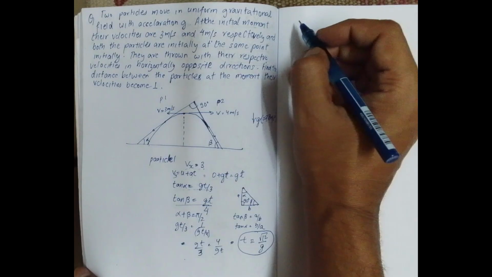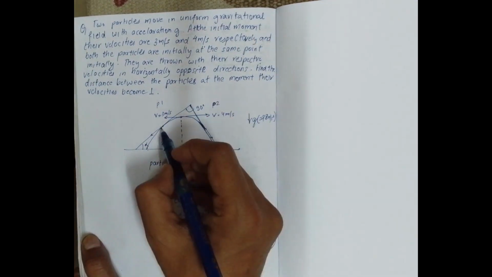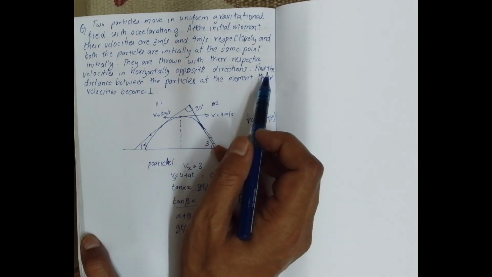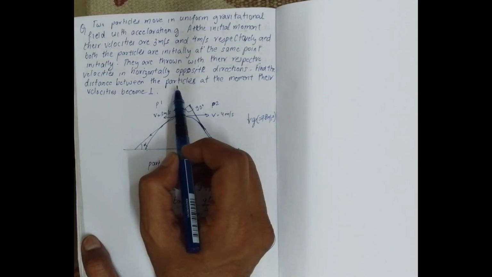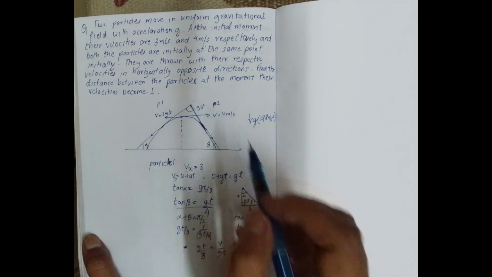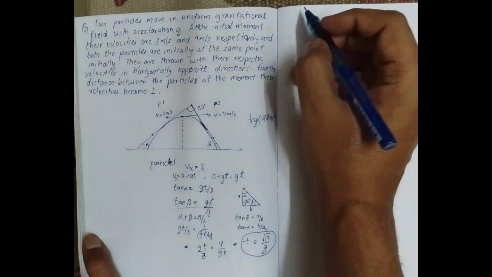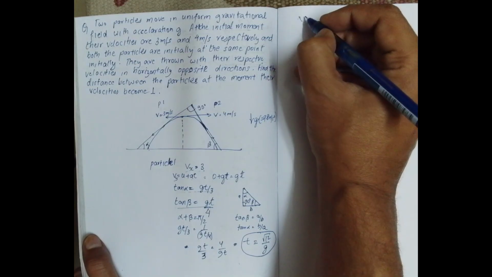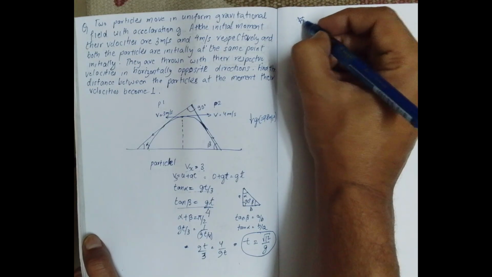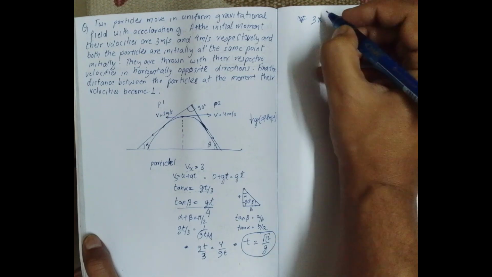Now, as far as these particles are concerned, the question is to find the distance between the particles at the moment their velocities become perpendicular. So after this much time, what is the horizontal separation between the particles? Horizontal component of both the particles into time.